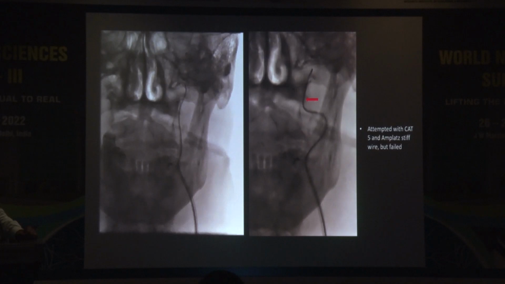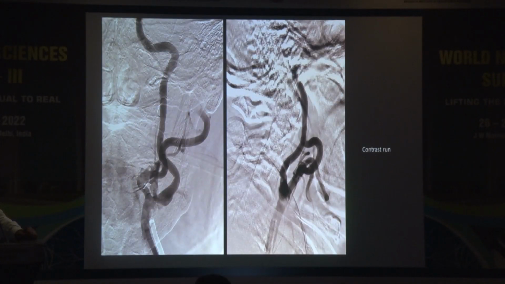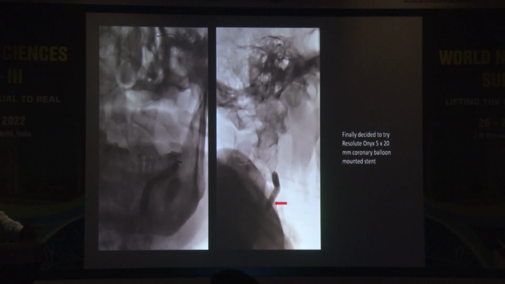Eventually we were reflecting that it's only the balloon which was able to cross. All these stents were finding it difficult. So what we did is we took a cardiac stent which is balloon mounted. Not the ideal situation, but that was the stent which could track easily because the balloons were going.